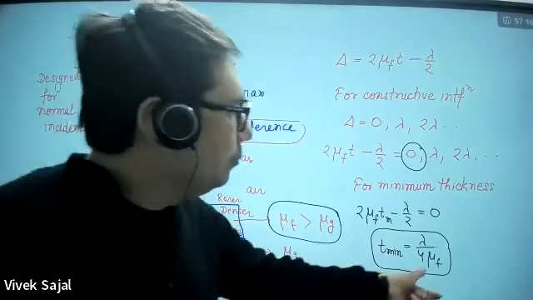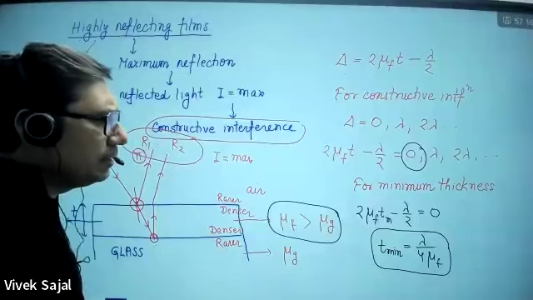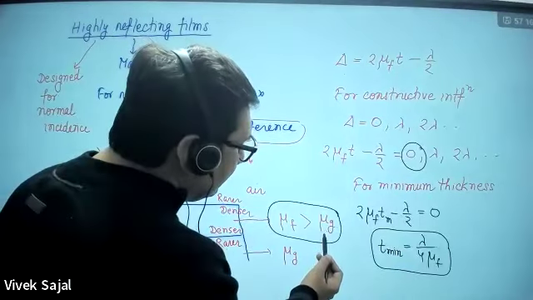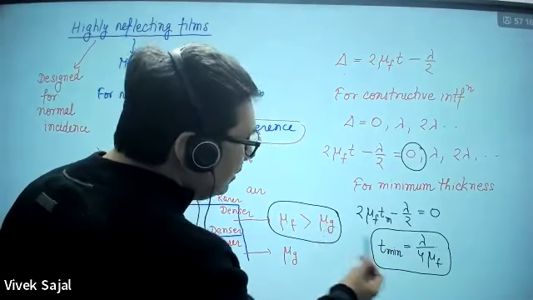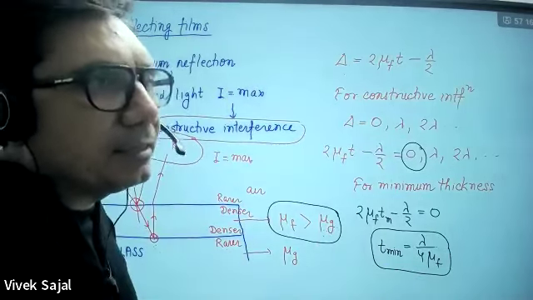Now, what should be the mu f? Okay? What should be the mu f? So for this, the rule is that mu g and mu f should be as close as possible.